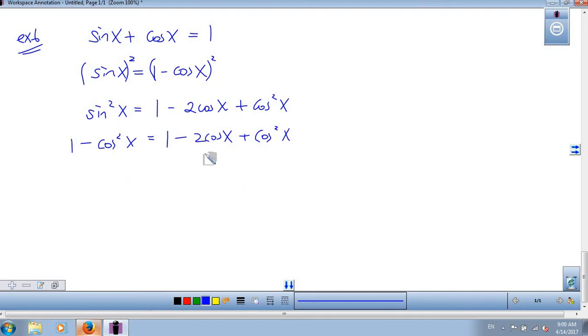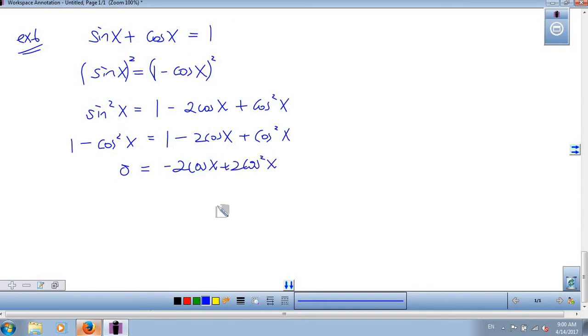So add cosine squared x, and we get 0 equal to negative 2 cosine x plus 2 cosine squared x.